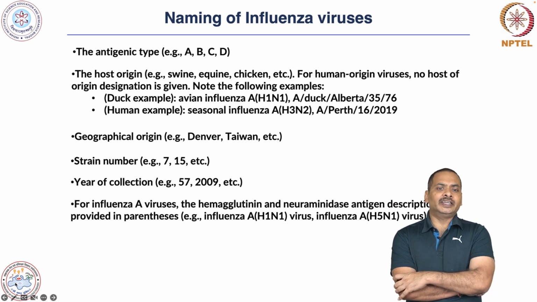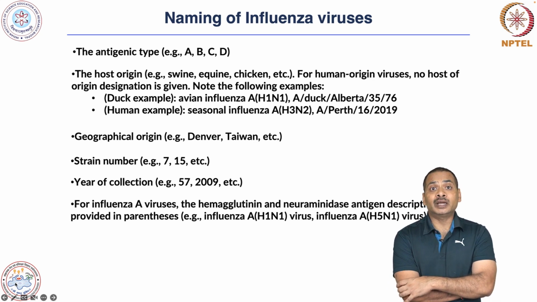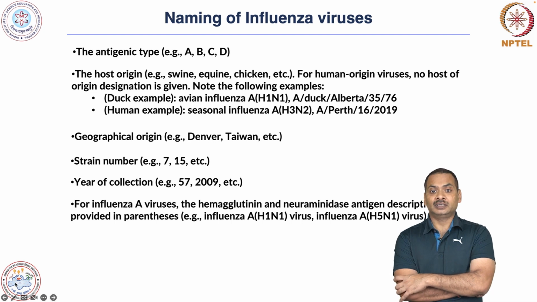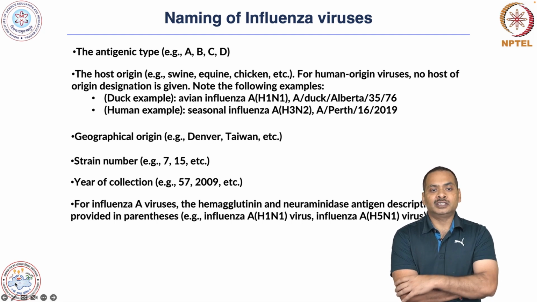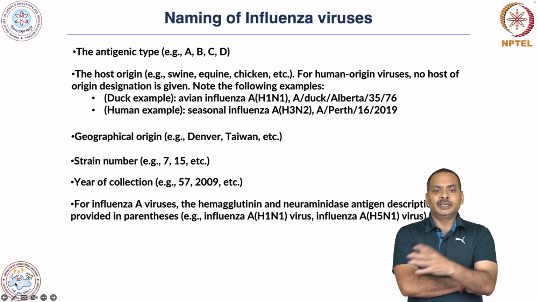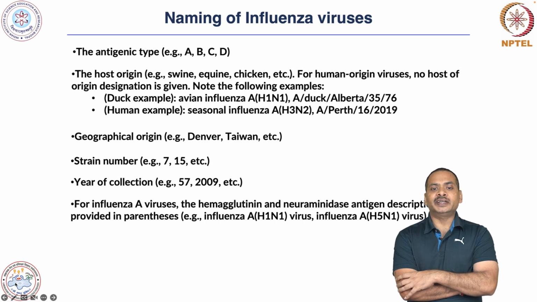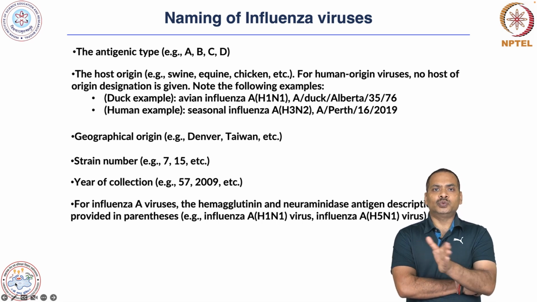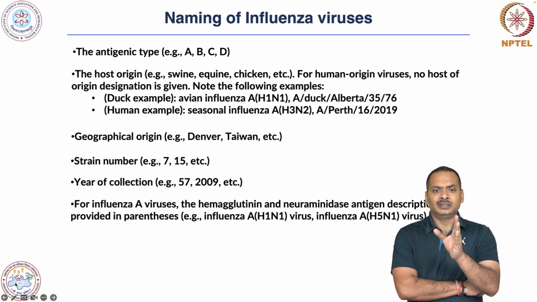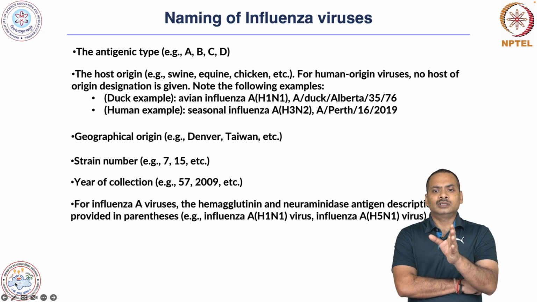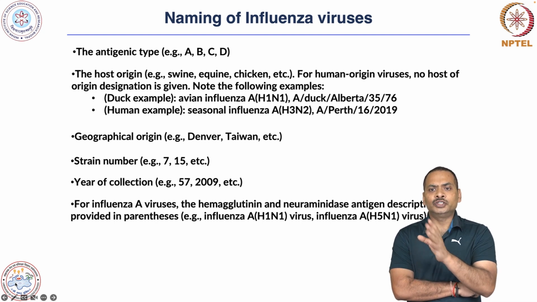For influenza A virus, the hemagglutinin HA and neuraminidase NA antigen descriptions are also provided in brackets. Here you can see influenza A H1N1 is written. So H1 and N1: H stands for hemagglutinin and N stands for neuraminidase.